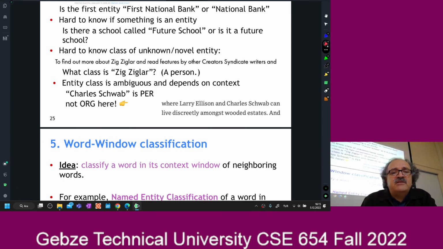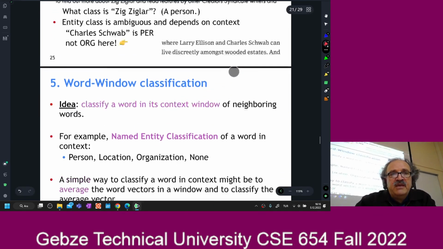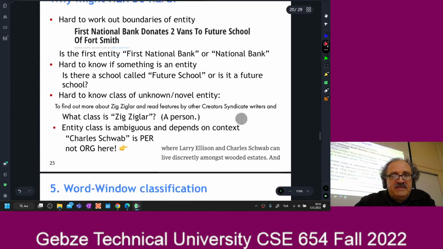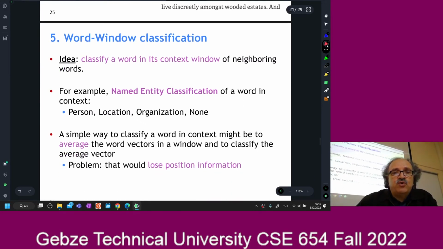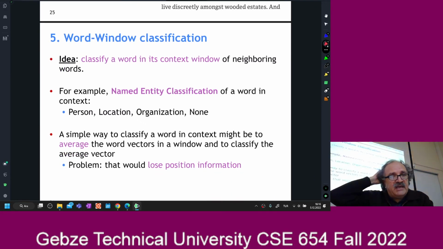But that financial institution is named after this guy, Charles Schwab, the person who founded that institution. But in this case, I am talking about the institution Charles Schwab. That's why it's not an easy problem. It's a difficult problem, especially solving it at a high rate.